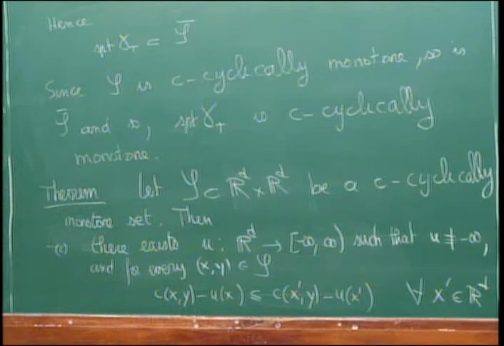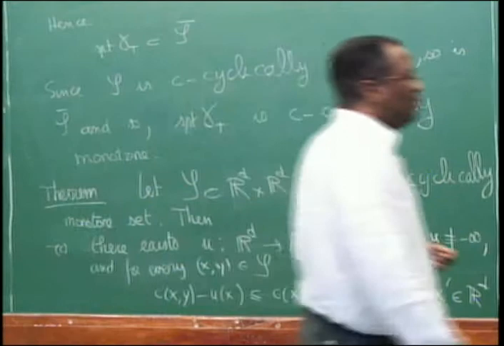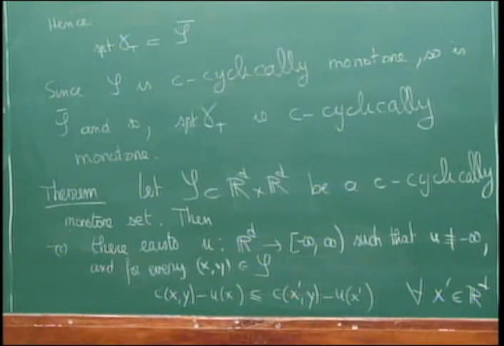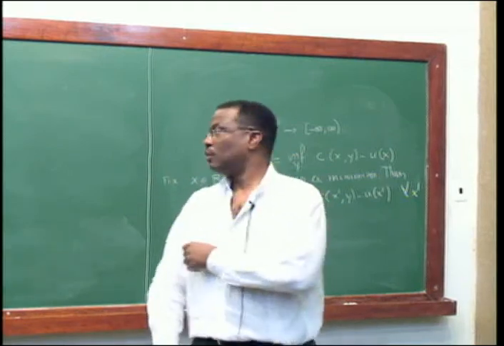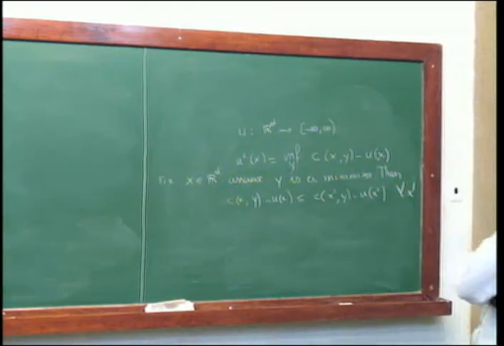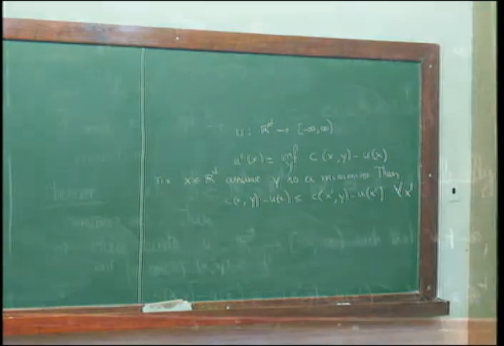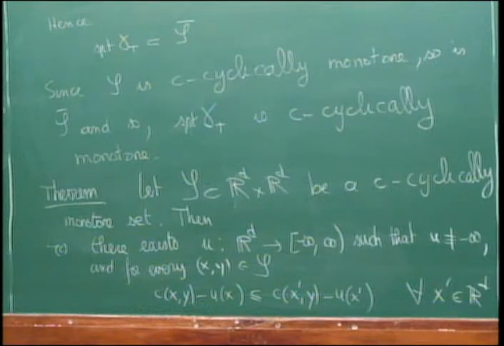So I am constructing a function u such that whenever I take (x,y) in S, this functional achieves its minimizer at x.